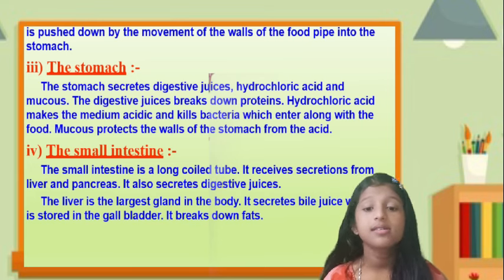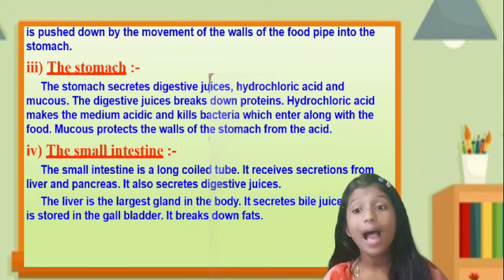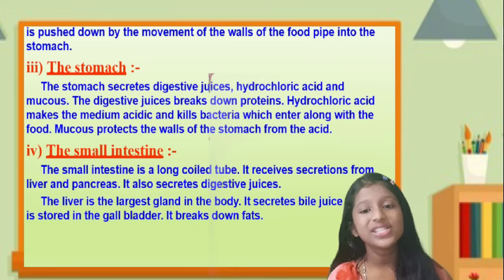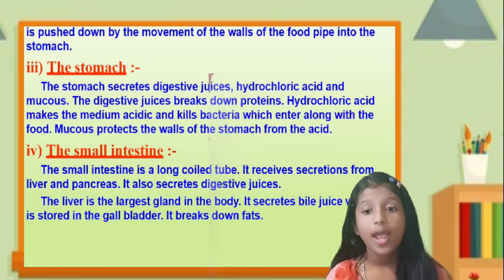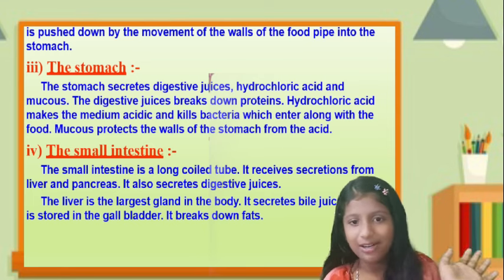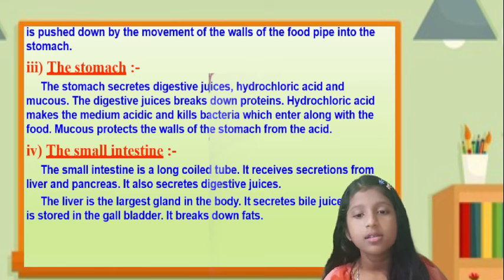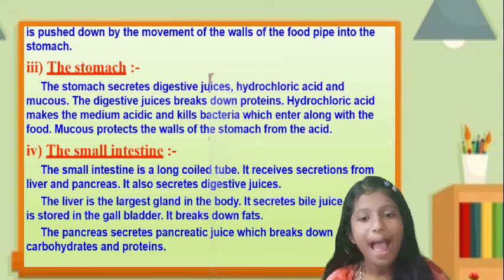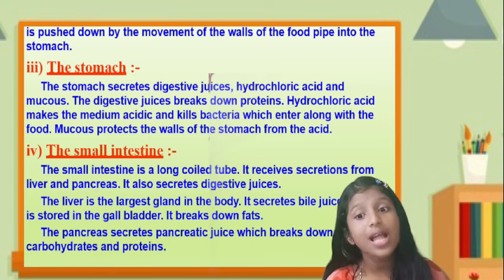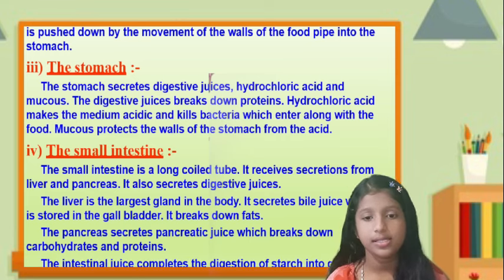The liver is the largest gland in our body. It secretes bile juice, which is stored in the gallbladder. It breaks down fat, whatever we eat like kurkure and so on. Now the pancreas secretes pancreatic juice, which breaks down carbohydrates and proteins.